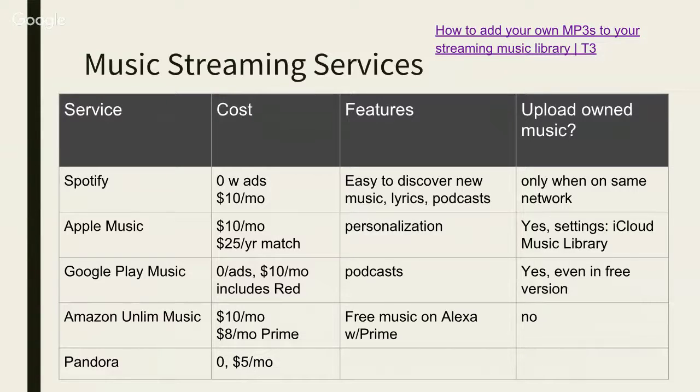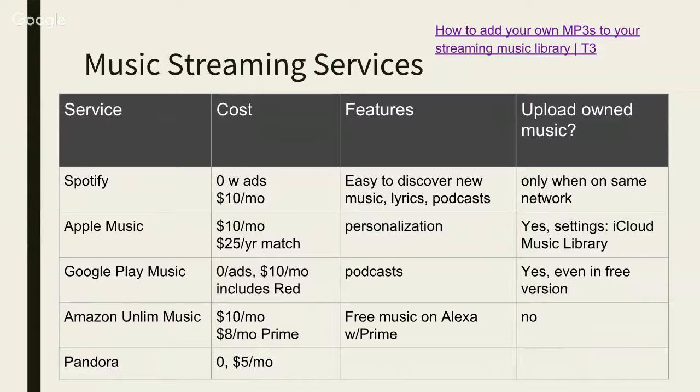Now, music streaming services. I just list 5 here. There's even lots more. Spotify is the king. It's known as by far the most popular, and it does have a free version, meaning you get commercials just like radio. The cool thing about Spotify is it's easy to discover new music.